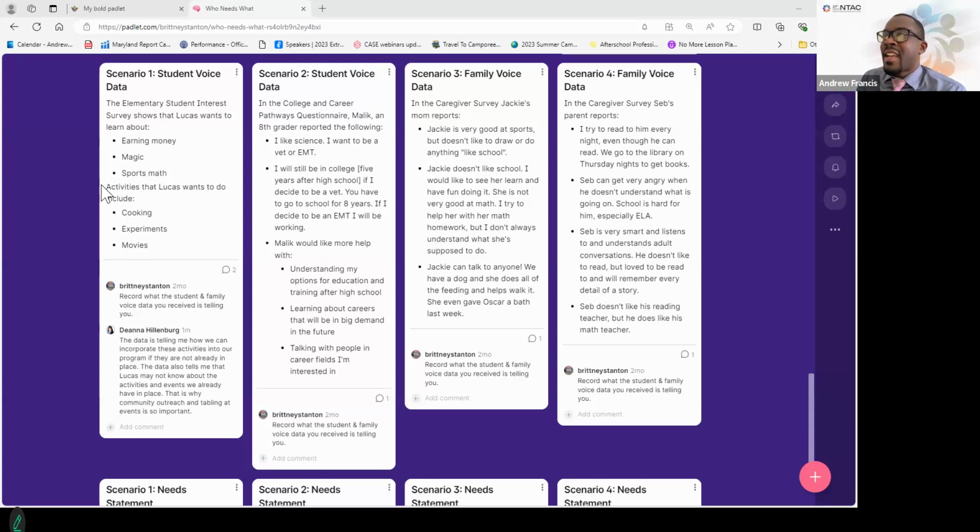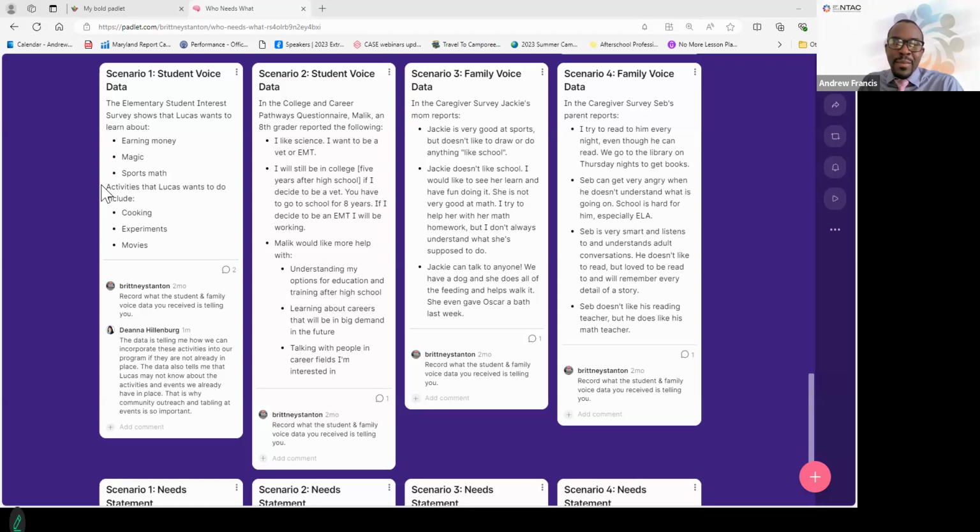Sure. Before that, Chaz, I'd add that, for example, for scenario 1, we could ask Lucas what are some of the things that he is interested in cooking. That may be based on his cultural background, right? But also for experiments, and also types of movies.